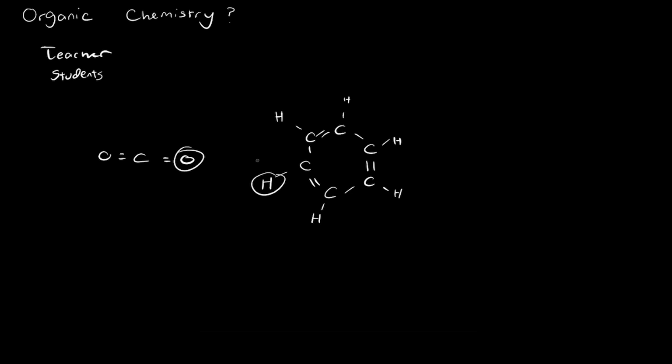Oxygen as opposed to hydrogen, double bonds only versus some single bonds, some double bonds, and obviously the presence of 6 carbons. But the main similarity here is that we refer to both of these as organic molecules or organic compounds. The reason is this one element, carbon.